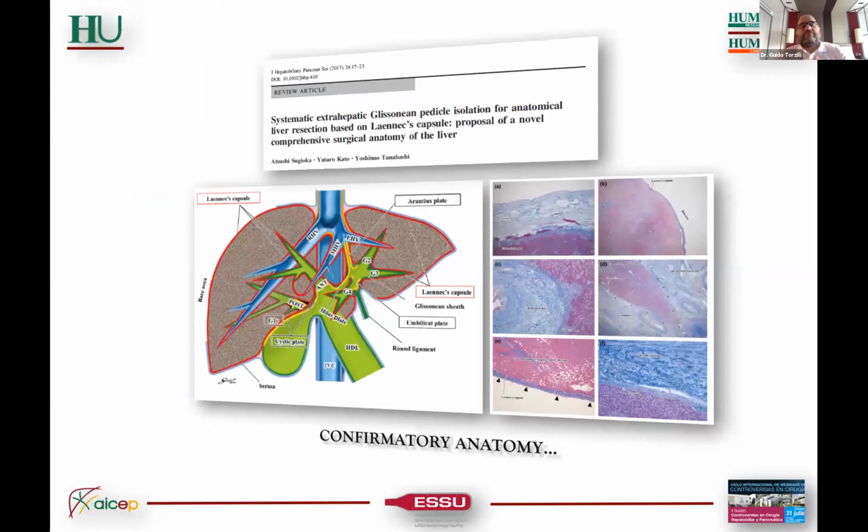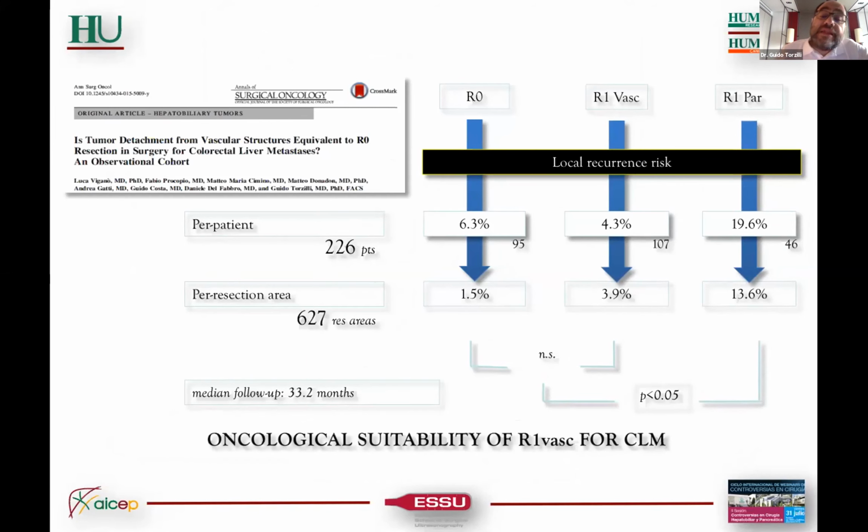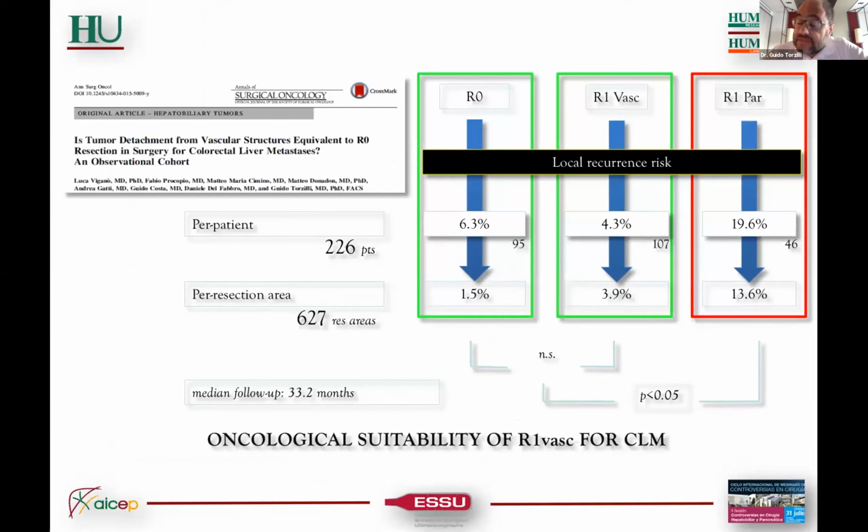Then this conceptually supports the data that we have released in Annals of Surgical Oncology, in which R0 and R1 vascular behave similarly in terms of local recurrence. Then I am not sustaining that tumor exposure is good, because R1 parenchymal, in contact with the tissue of the liver, is undoubtedly worse than R0.